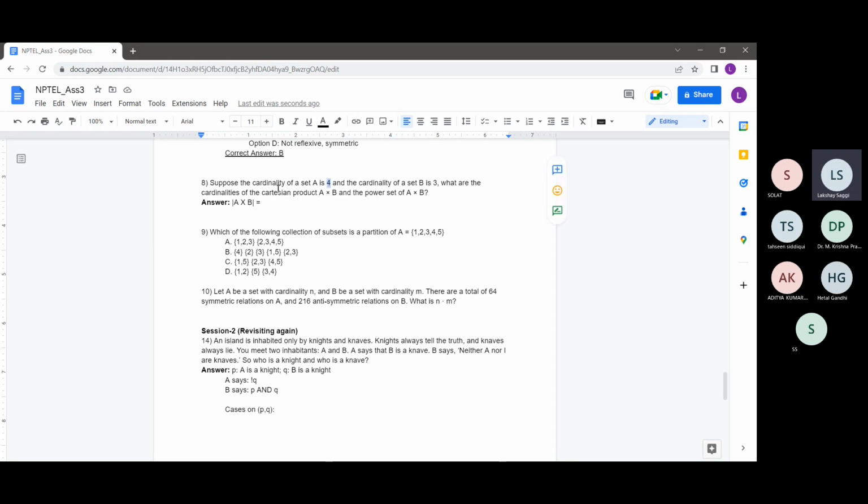So basically, the cardinality of set A is 4 and cardinality of set B is 3.